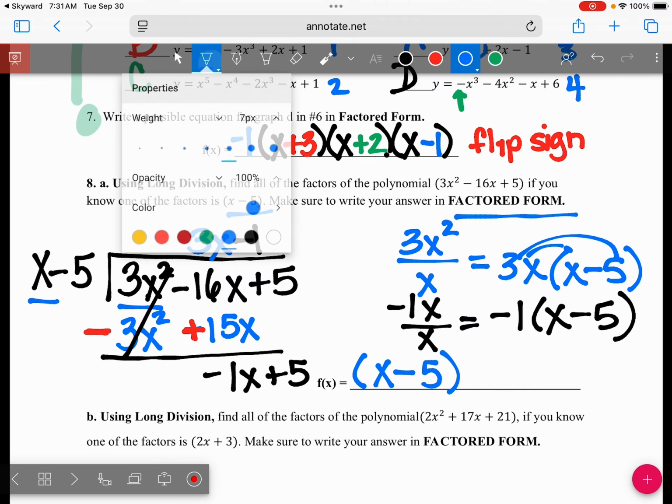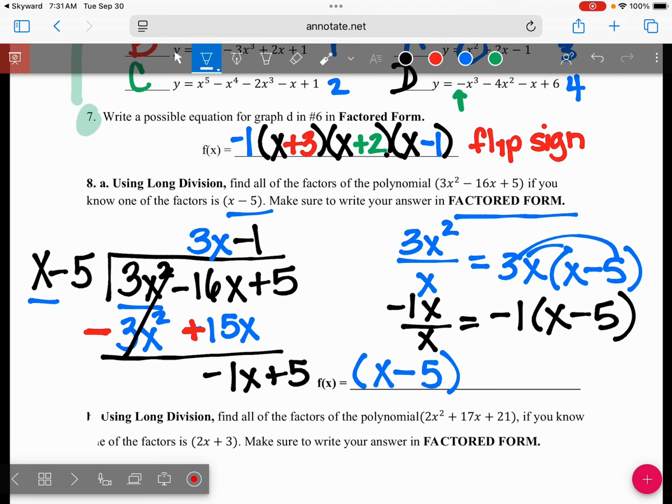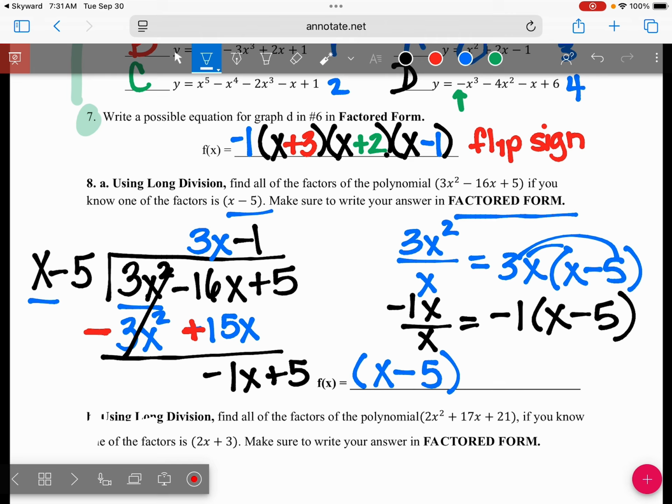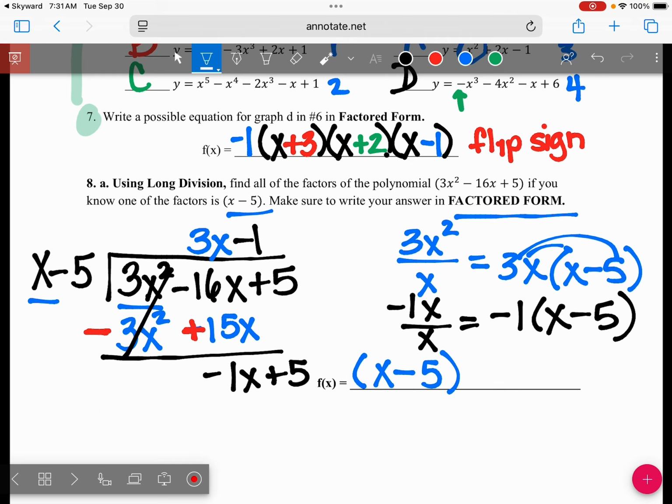Got to give myself some more space because I'm writing kind of big on this iPad. Let me temporarily take off this one. Okay, so when we do that, we distribute, we get negative x plus 5. But I have to flip the sign, so it's going to become positive x minus 5.